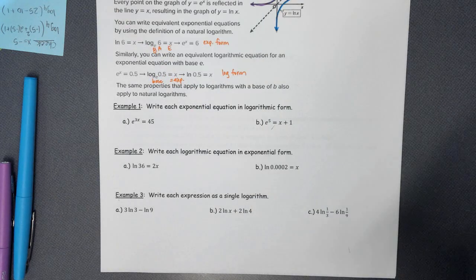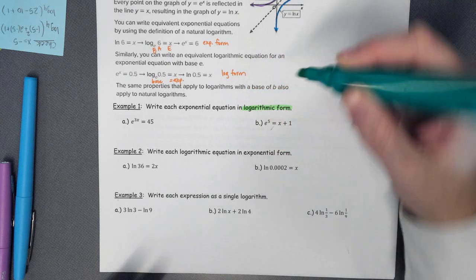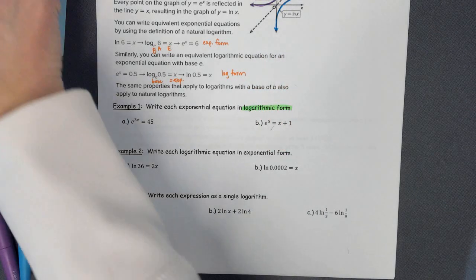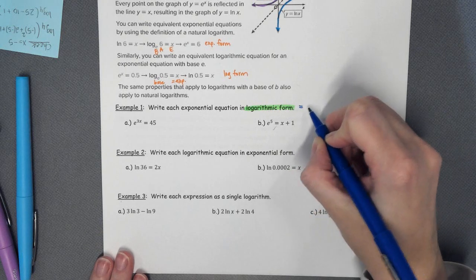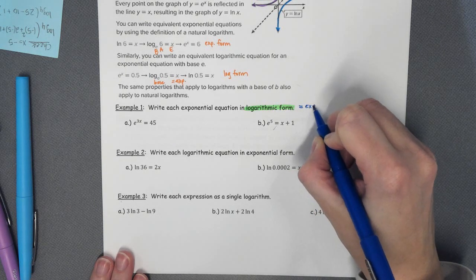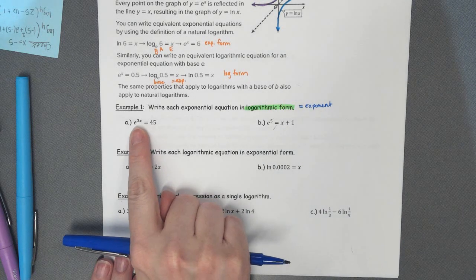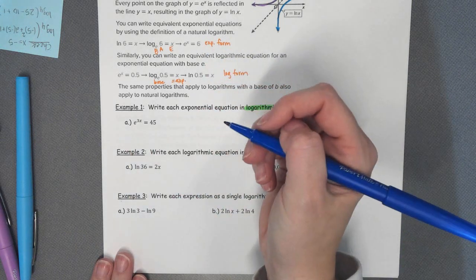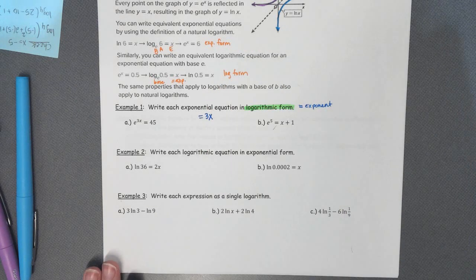And that is how we are going to start, by writing in those forms. So the first thing we're going to do is take the exponential equations and write them as logs. So when I'm rewriting it as a log, it has to equal the exponent. My exponent is 3x. I know that when I write my final answer, it's going to be equal to 3x.